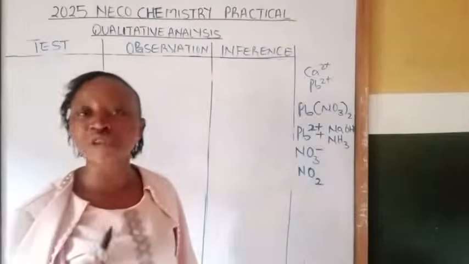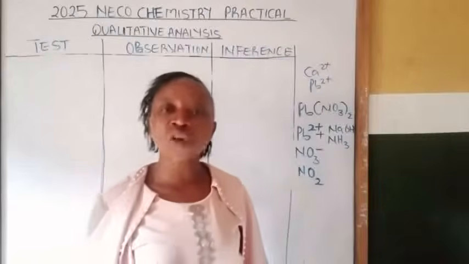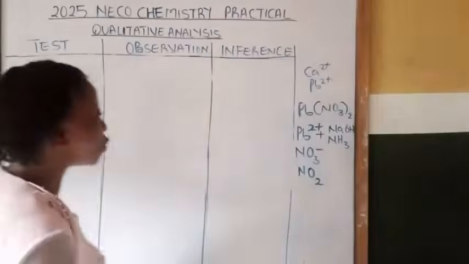So the next one is the test for trioxonitrate 5, which is known as the brown ring test. And we are going to use two reagents. The first one is freshly prepared iron sulphate and concentrated H2SO4.